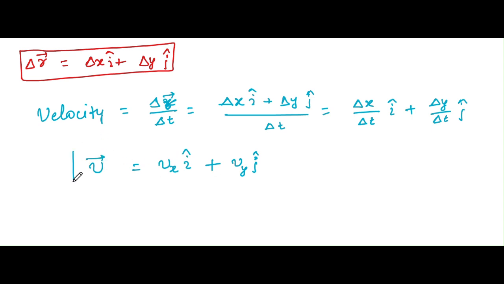So this way we can get velocity vector, and this velocity is for the entire journey from point P1 to point P2. So this velocity is nothing but average velocity, not instantaneous velocity.